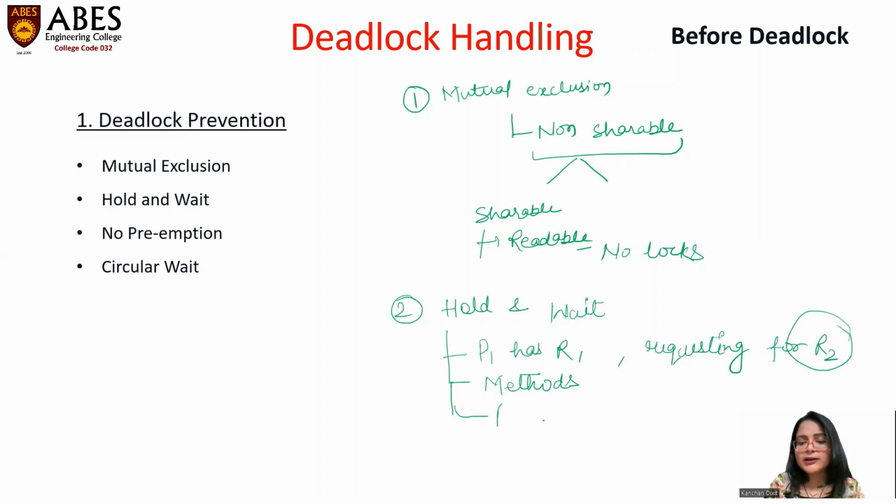So P1 will release the resources that it is holding, and after that it needs to request both resources, R1 and R2.